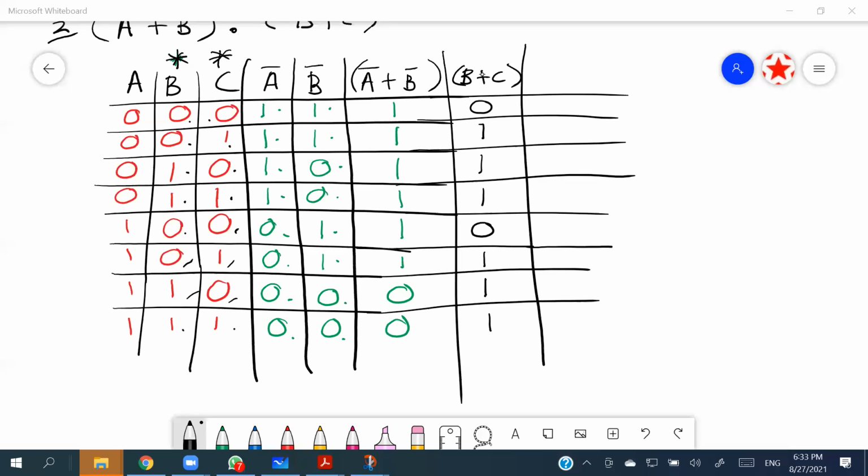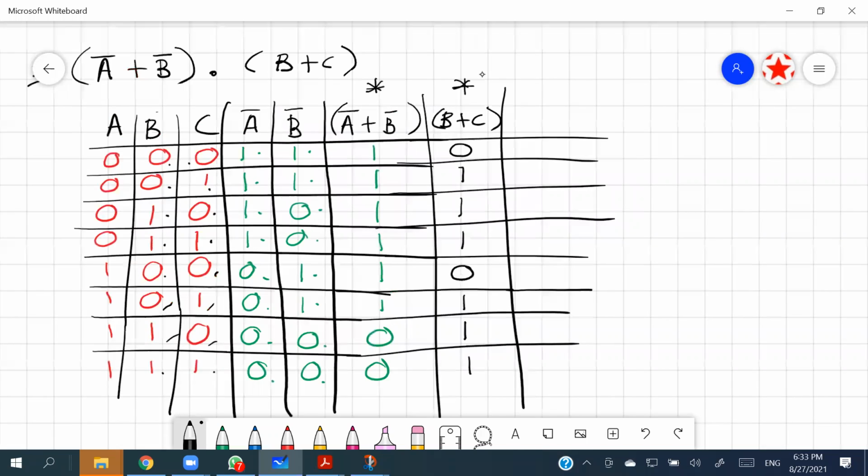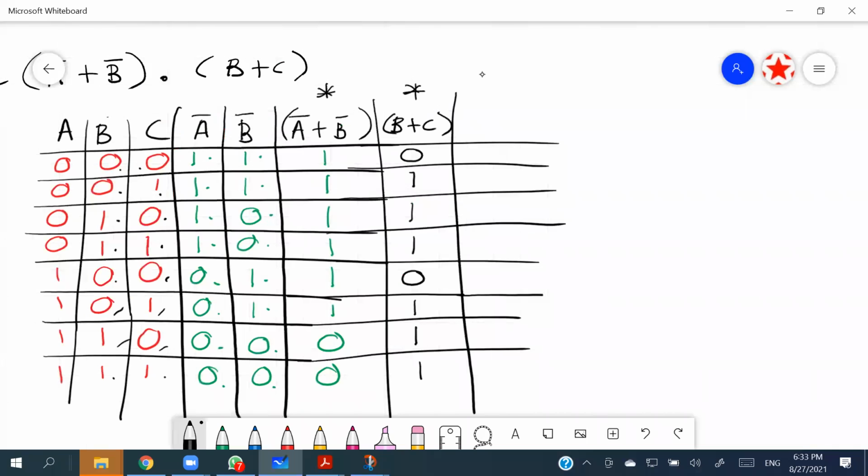So our first term is okay, A bar plus B bar, then the second term is okay, B plus C. So now to get the answer, we have to multiply these two, right? So A bar plus B bar multiplying with B plus C. Which is easy, we have to multiply the adjacent columns, right?